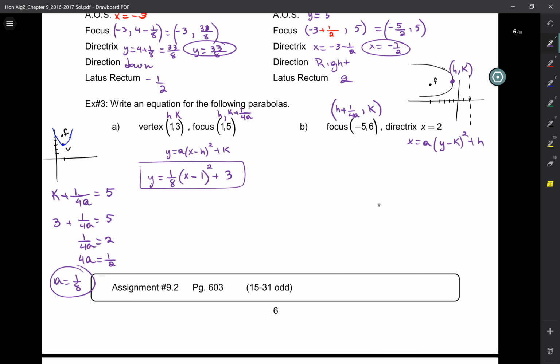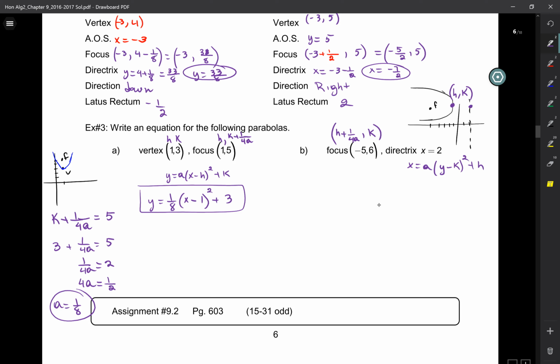Okay, so how else can we solve this? Where would the vertex be in relation to the focus and the directrix? So from the vertex, if you go 2 units to the right, you need to go 2 units to the left to the directrix. So the vertex is exactly in the middle of the focus and the directrix, right?